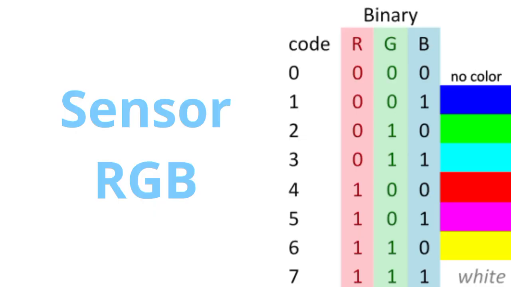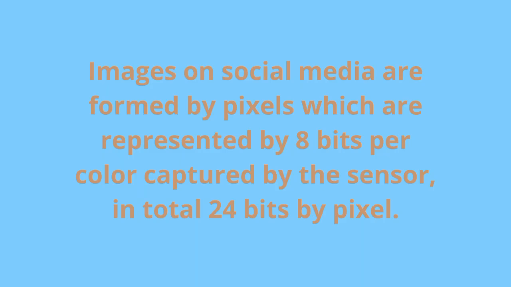The colors of the images are captured by the RGB sensor. The uncaptured colors are represented by 0 and the captured colors are represented by 1. Images on social media are formed by pixels, which are represented by 8 bits per color captured by the sensor, in total 24 bits per pixel.